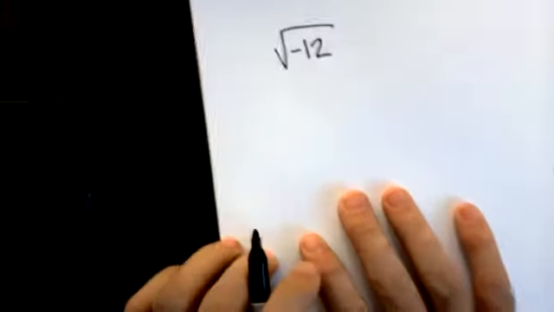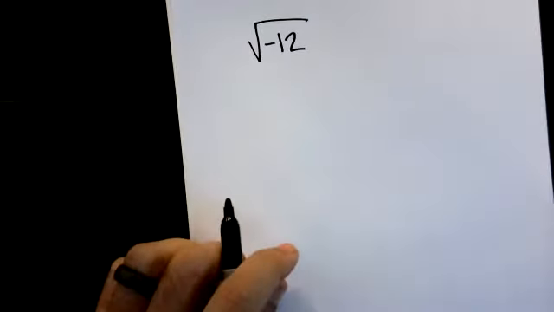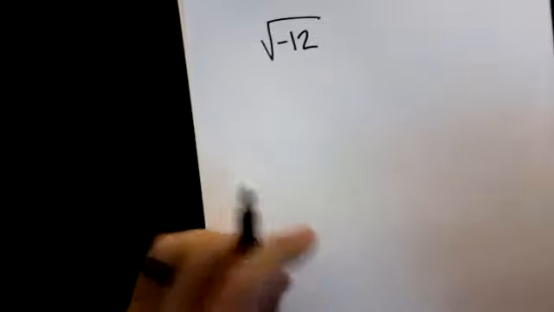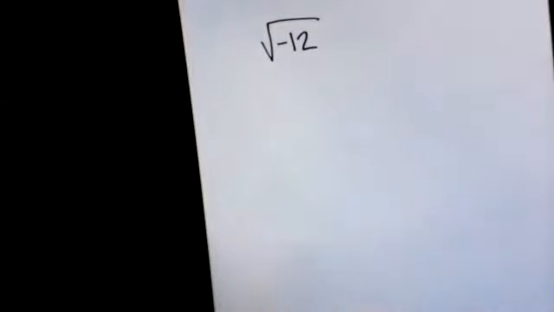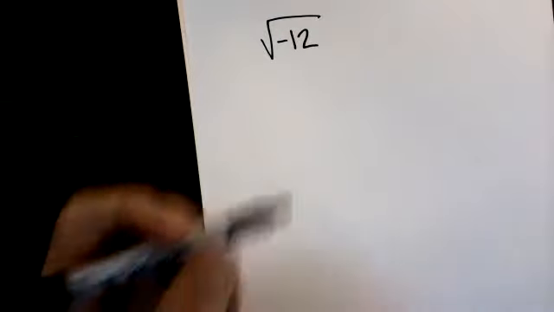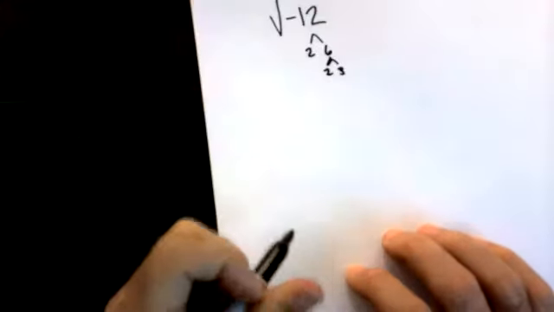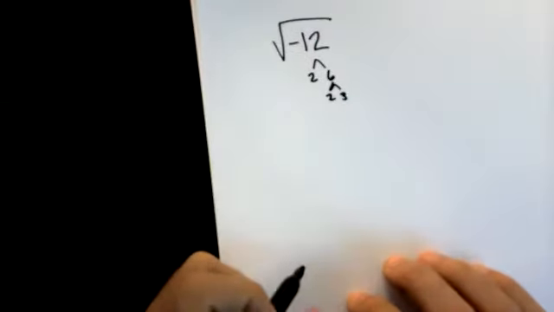So they're going to give you some numbers like the square root of -12. The only thing that changes from what we did before is, if we were going to break down the square root of 12, I still want to break it into its prime factors. 12 is 2 times 6. 6 is 2 times 3.